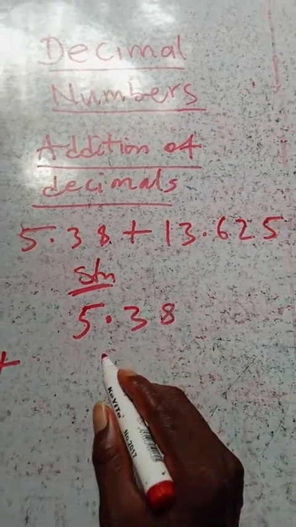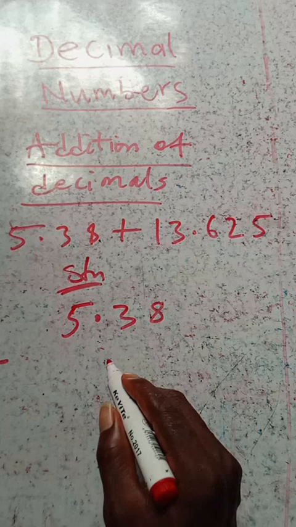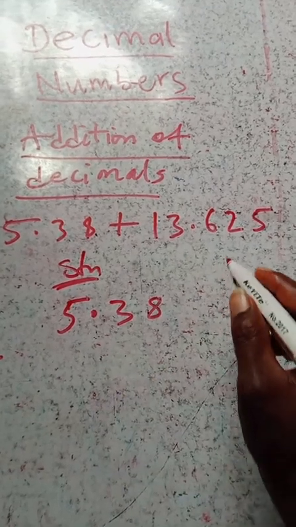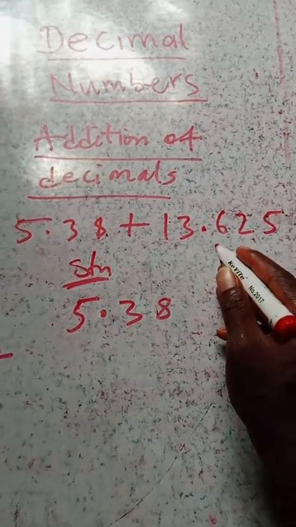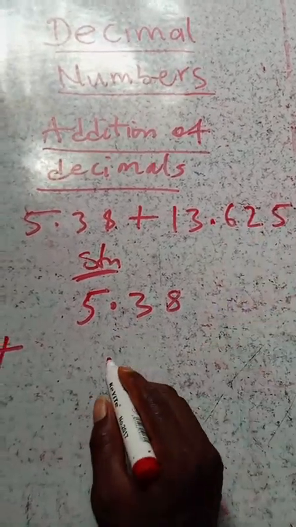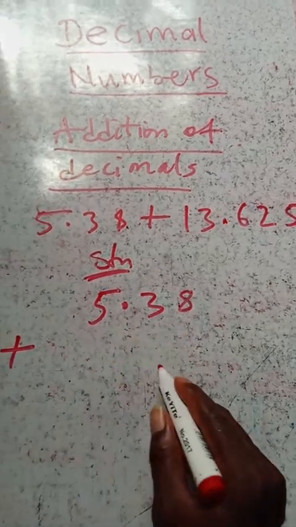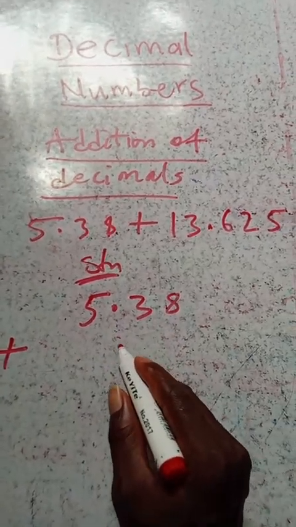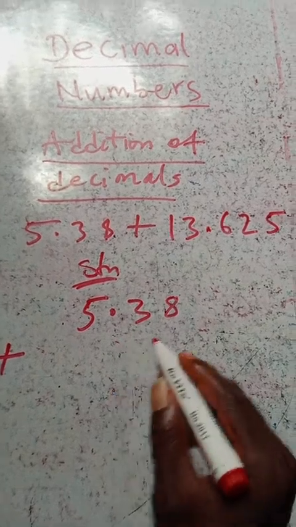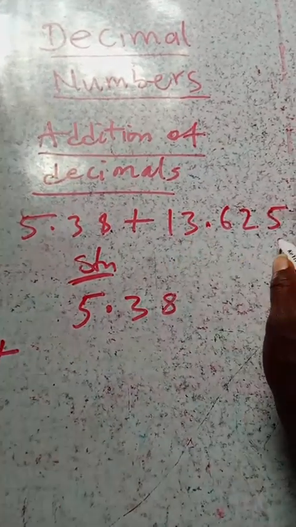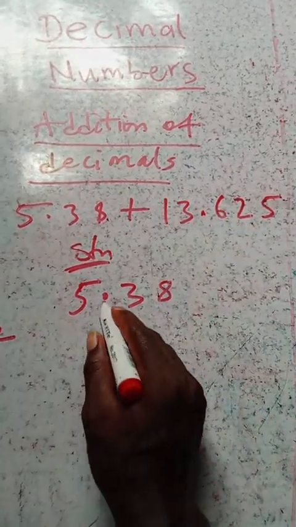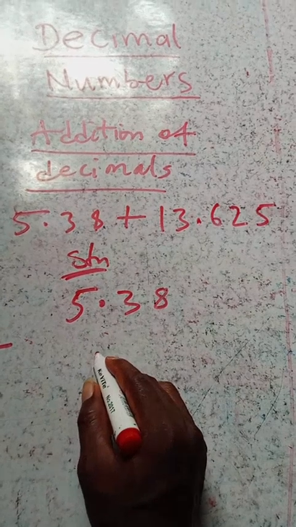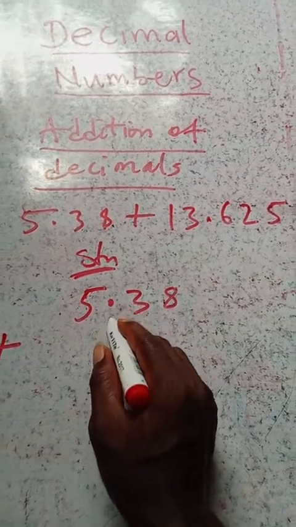If you don't want to make a mistake, ensure that you write the decimal point of the next value corresponding to the first one you have written. So how do you do it so that you don't make a mistake? In writing the other number, write the decimal point first, according to how it will correspond with the first one.